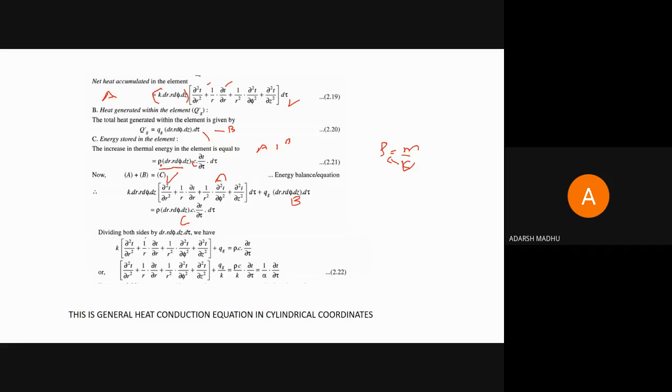By dividing both sides, we can cancel the common term. The common term for A, B and C is the volume: dr r d phi dz here, here also dr r d phi dz, and also here dr r d phi dz.